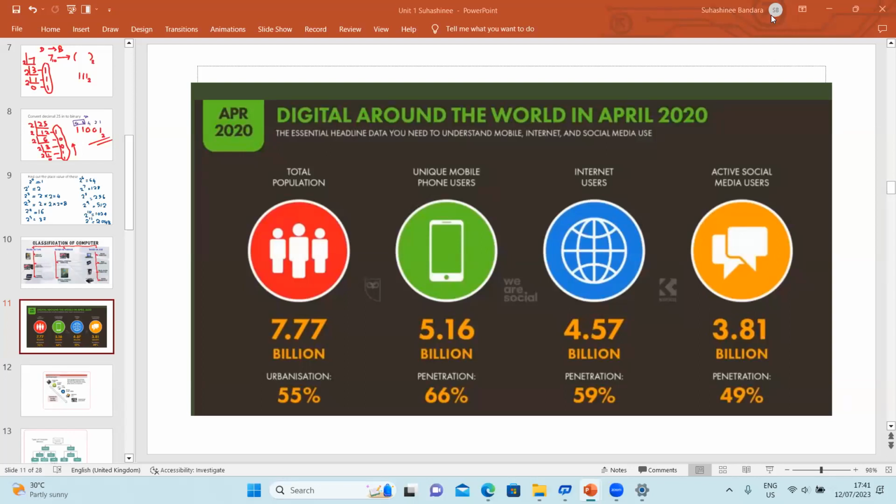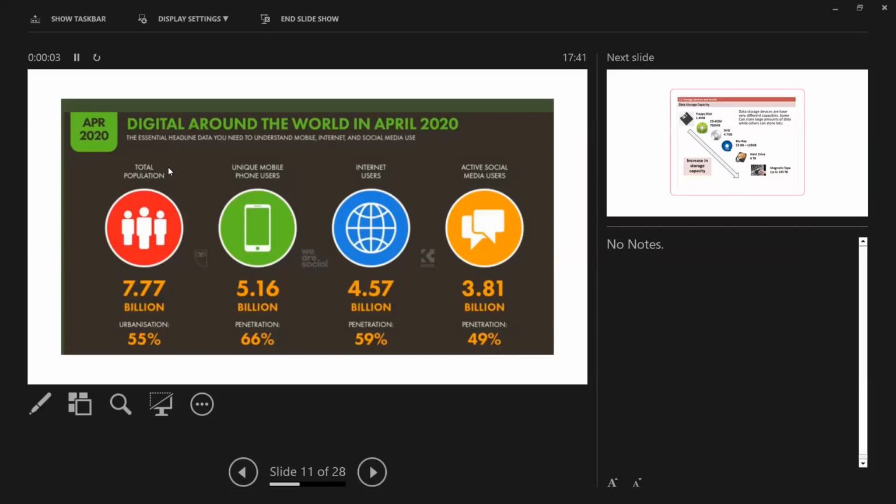Okay, digital around the world in April 2020. The population, the essential headline data you need to understand mobile, internet and social media. Population 7.7 billion, urbanization 55%.